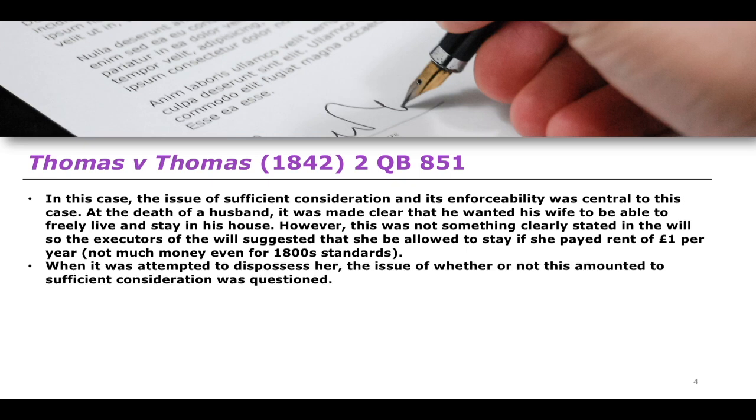When it was attempted to dispossess her, the question of whether or not this amounted to consideration, and therefore was enforceable, came to the court, because it seemed so unbelievably unbalanced that the rent she would pay is £1 a year that surely this can't represent consideration for the enforceability of a contract.